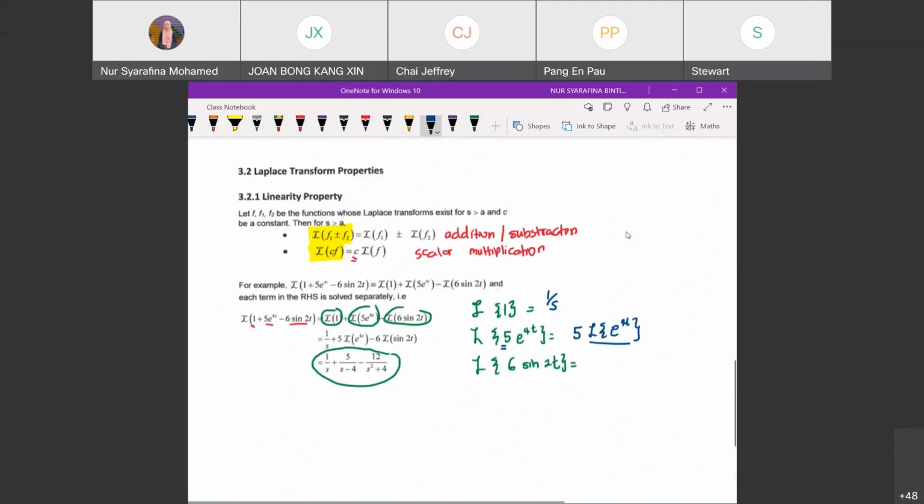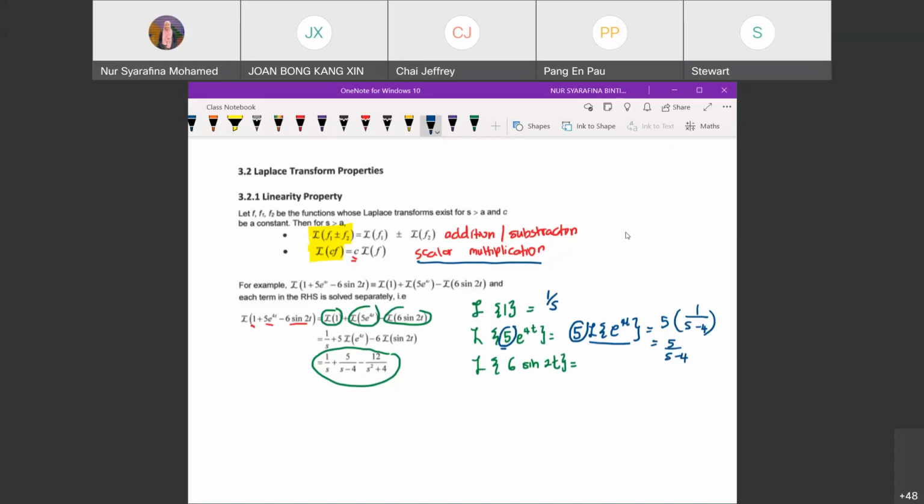So exponent to the power of 4t will give you 1 over S minus 4, which gives 5 over S minus 4. This is where the scalar multiplication from the linearity property is applied. Put that scalar outside, then you can just take the transform directly from the table.